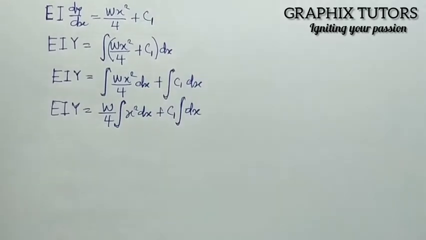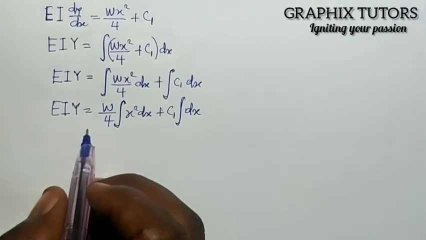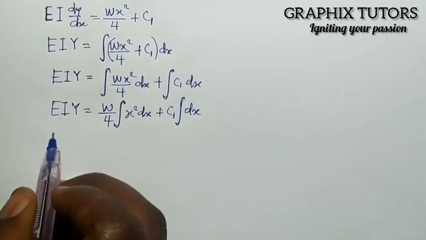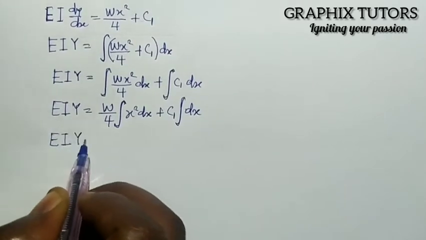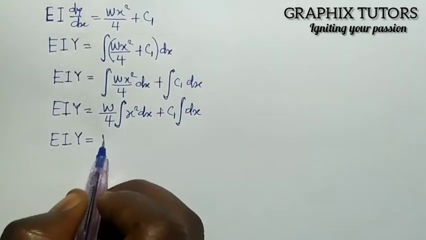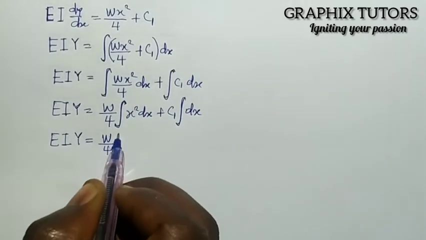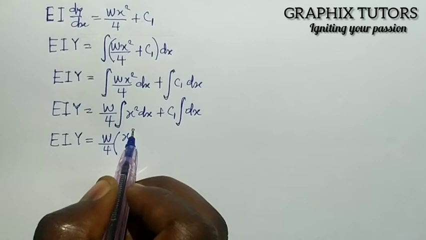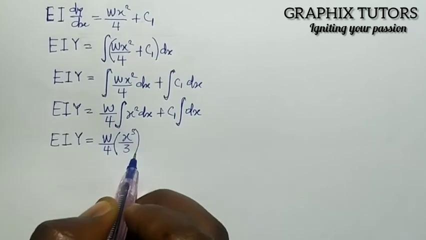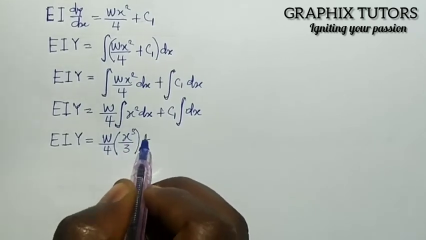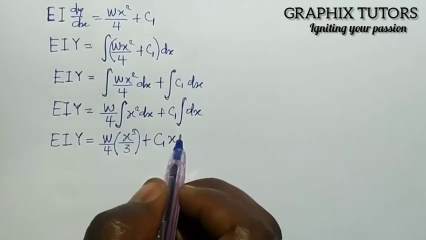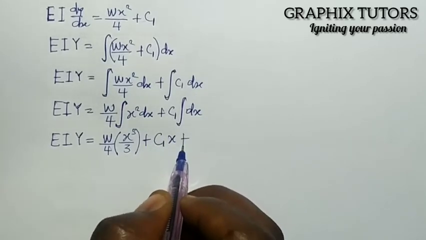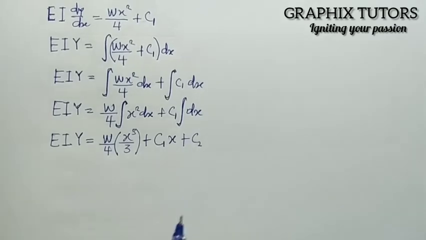Now when you integrate this, we'll be having w over 4 into bracket x cubed over 3 plus c1x plus c2.